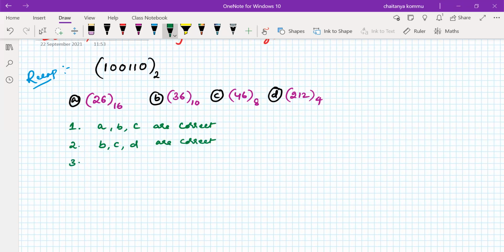Number 3 is A, B, D are correct. Number 4 is A, C, D are correct. So which one is the correct option, 1, 2, 3, 4? Please, all of you, try to do this one problem. Very simple problem.